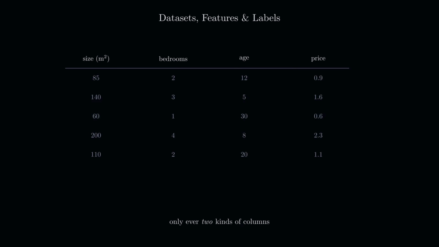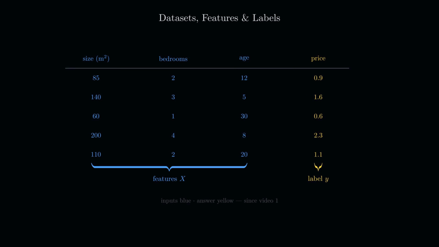Now, there are only two kinds of columns in machine learning: the ones you measure and feed in, which are the size, bedrooms, and age of a house. Those are the features, which are collected together and written as a capital X. The single column you're trying to predict is the label, written as a lowercase y.